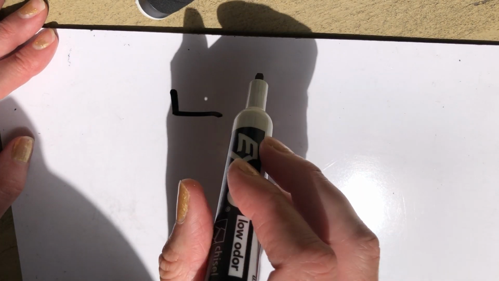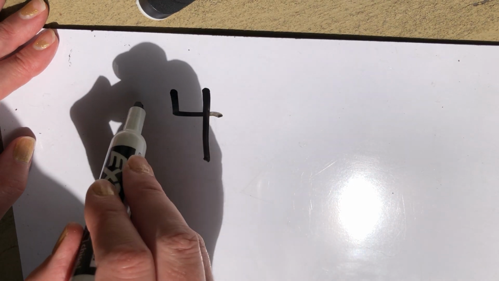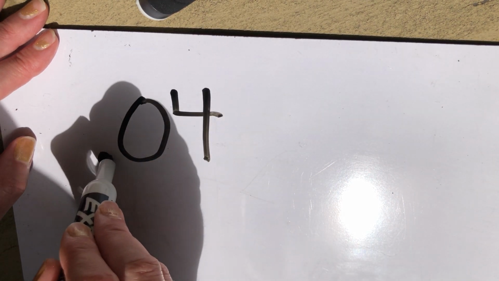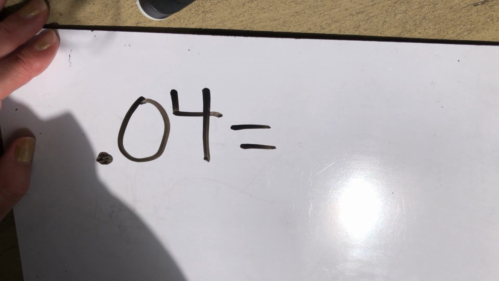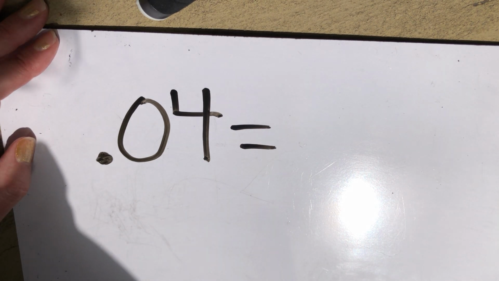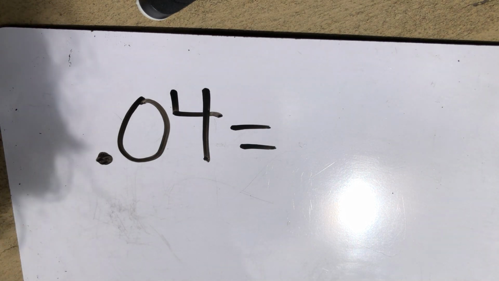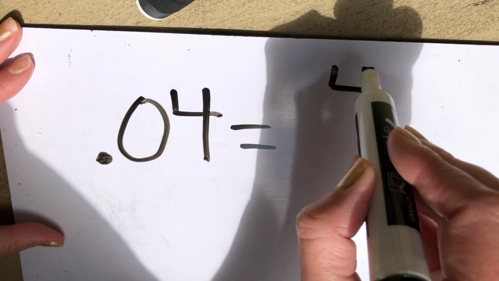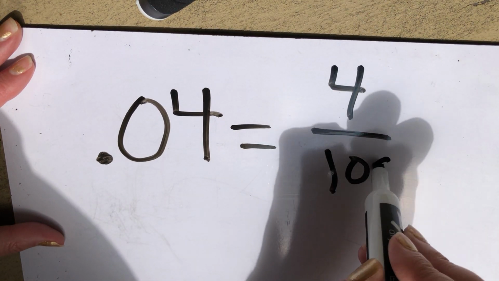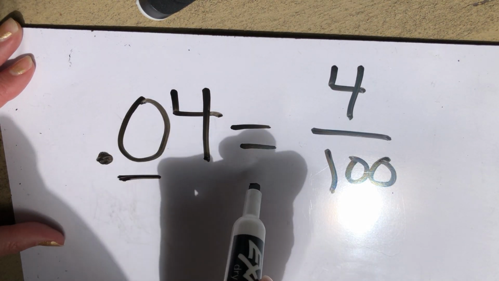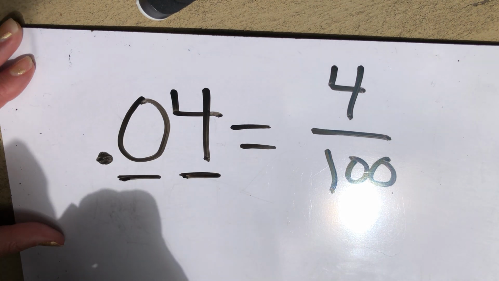And what if you had 0.04? How would we say that decimal place? We would say 4 hundredths. That's 4 out of 100. So that would be 4 over 100. Because in the place value, this is the tenths and this is the hundredths.